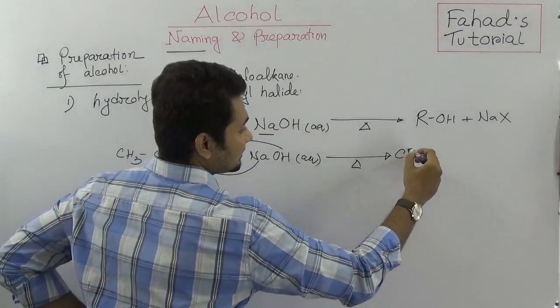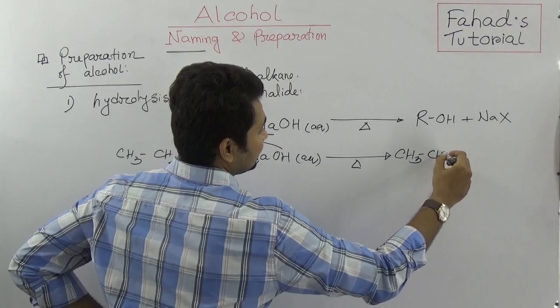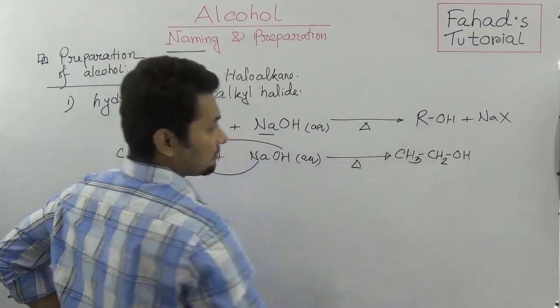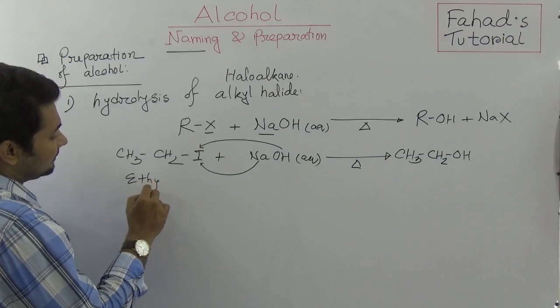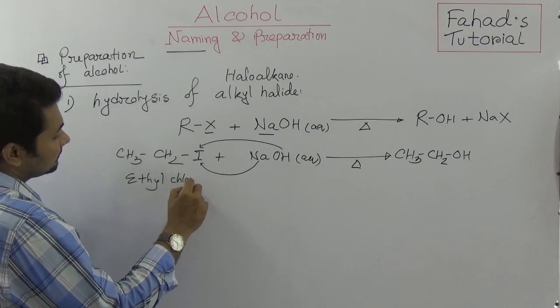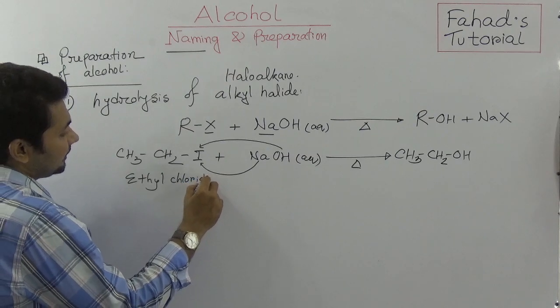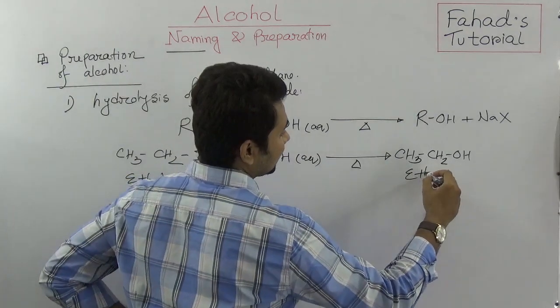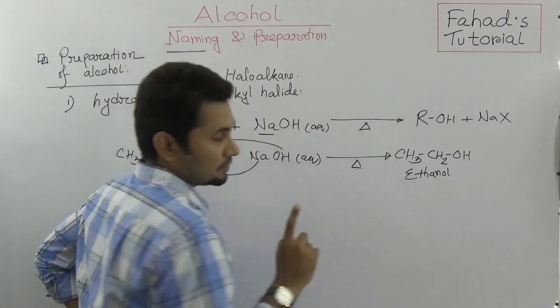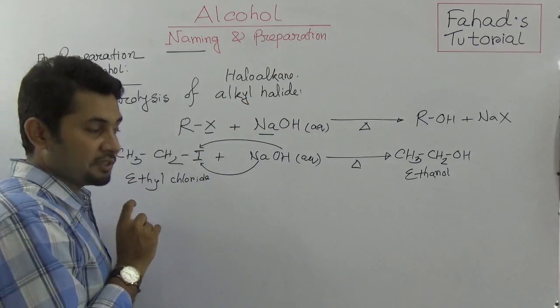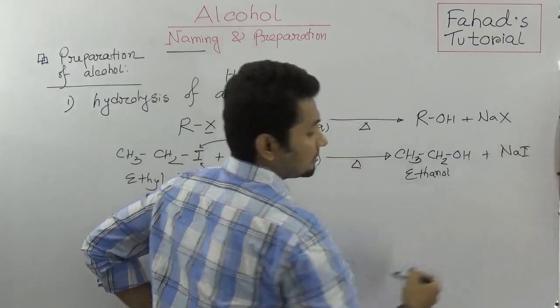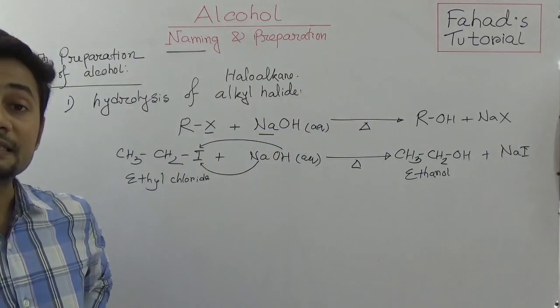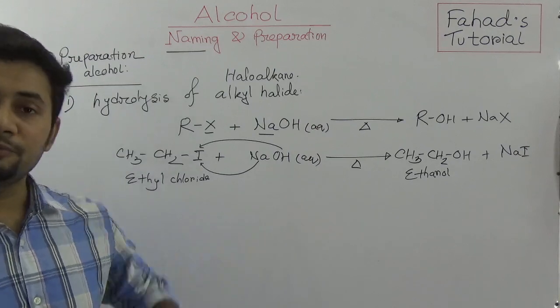So that would be CH3CH2OH, which is ethanol. So that was ethyl iodide, and this is ethanol. So you understand that ethanol is producing, and simply sodium halide would be the next product. So sodium halide, that is NaI, will be produced.